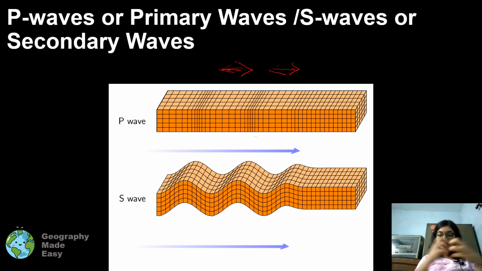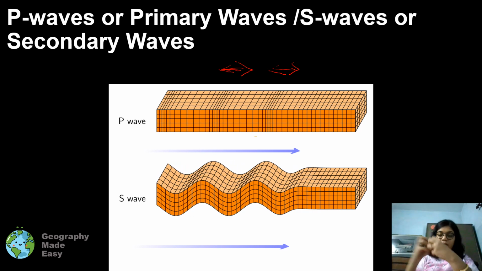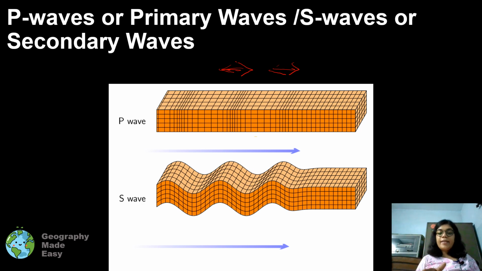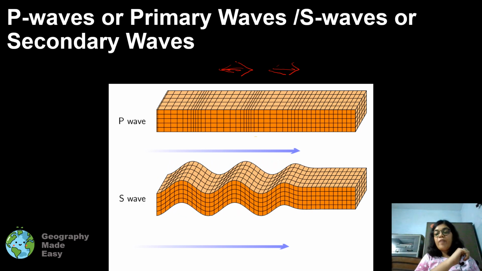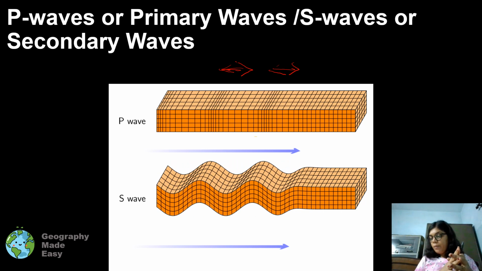So it is like compression and tension. In this way, the movement of the waves takes place. On the other hand, the S waves, we see it is in this fashion. It is in the normal fashion in which light waves and sound waves travel.